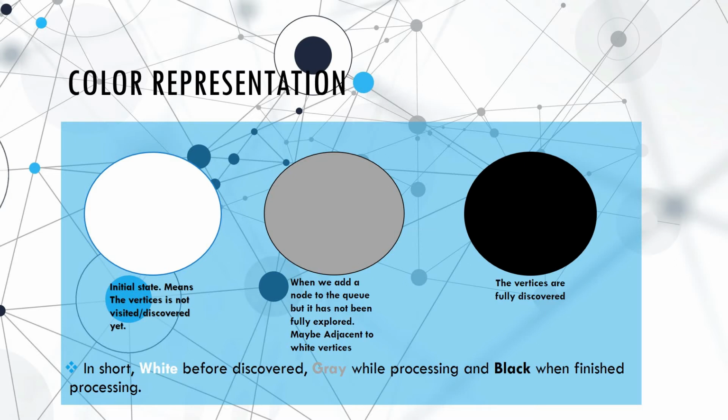Then when we start the algorithm and start to discover nodes, the color will turn to gray. And finally, when there is no node where we can traverse and we have to stop there, which means the vertices are fully discovered, then we will turn it black. And when we see all the vertices or nodes that we have traversed turn into black, we will understand that the DFS algorithm has been finished.